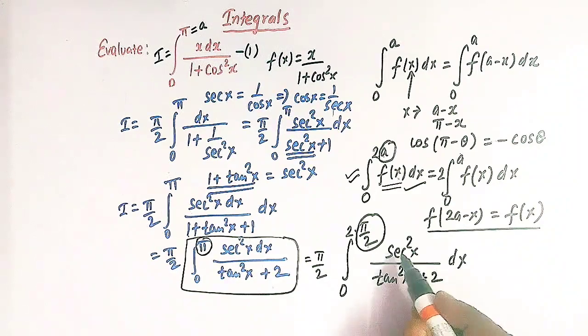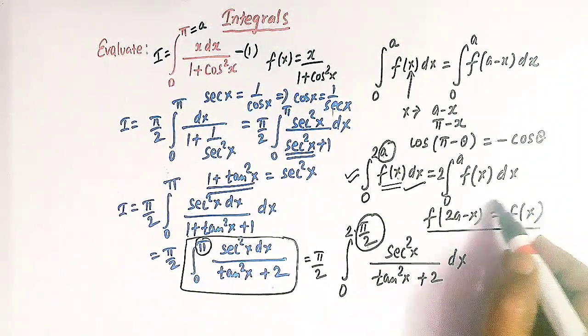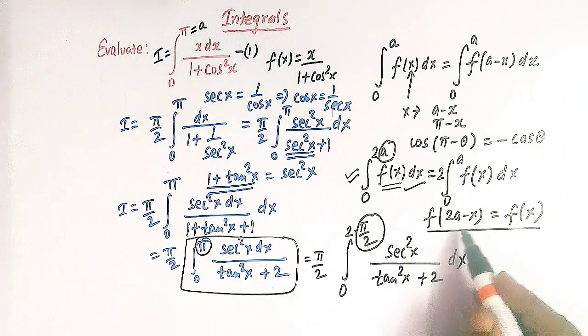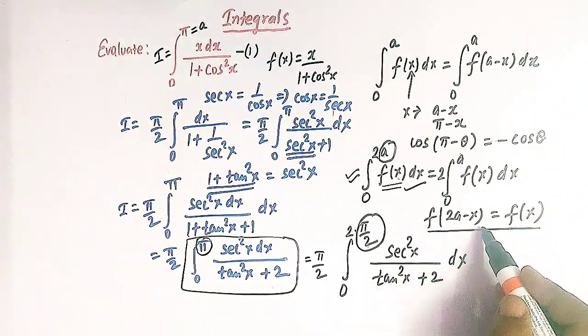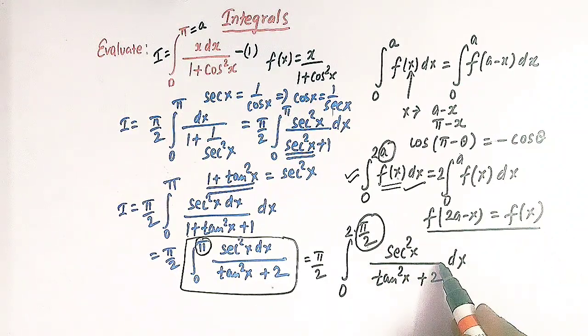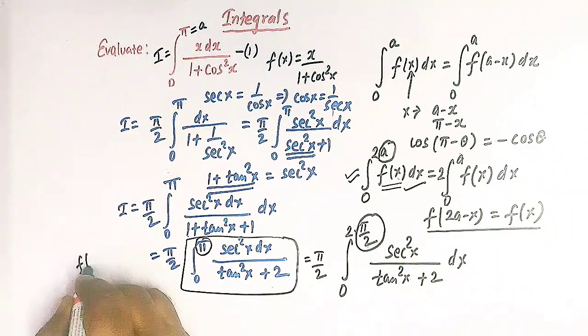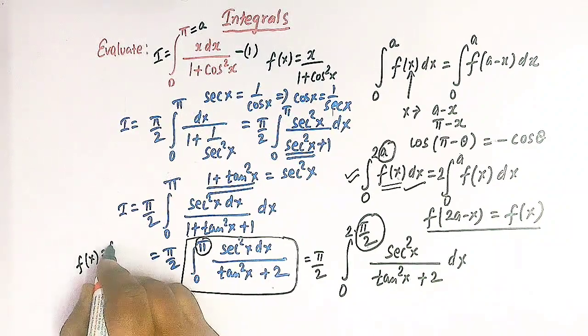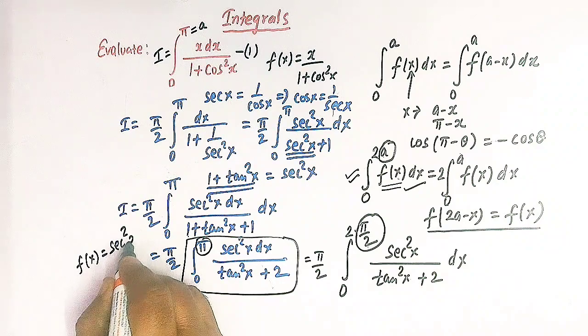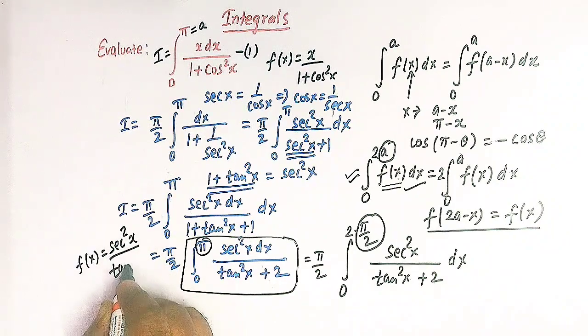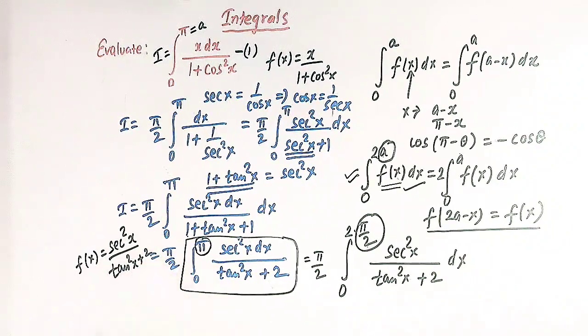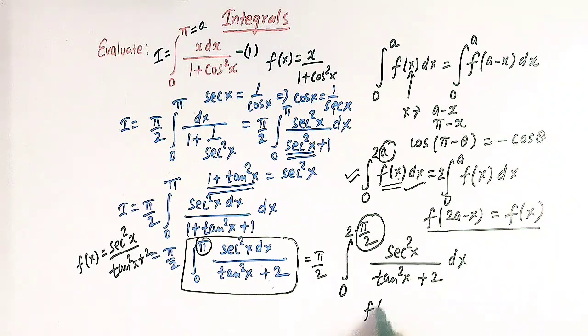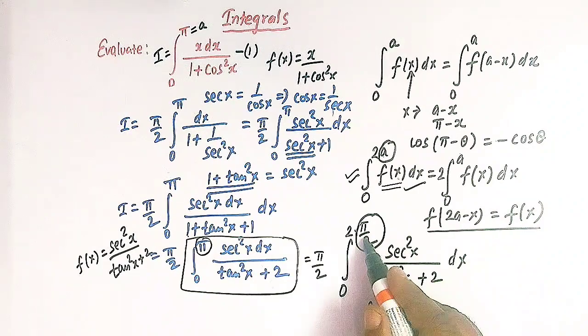So now we have to see whether this condition is valid for this function. So here f of x is secant square x over tan square x plus 2. So f of 2a minus x. So 2a, a is pi by 2.